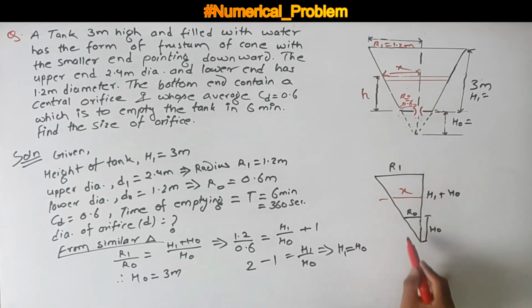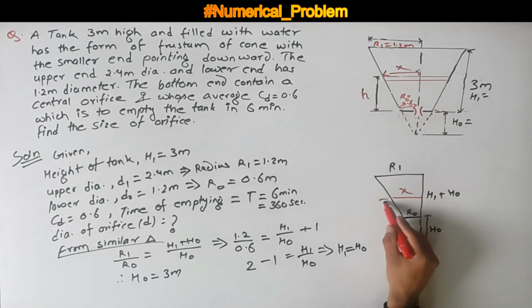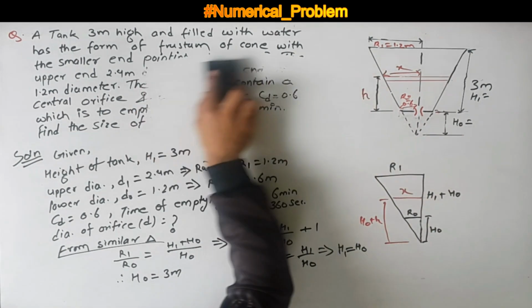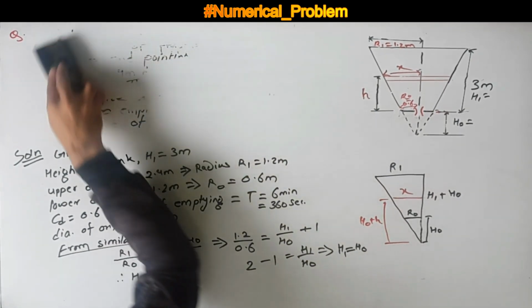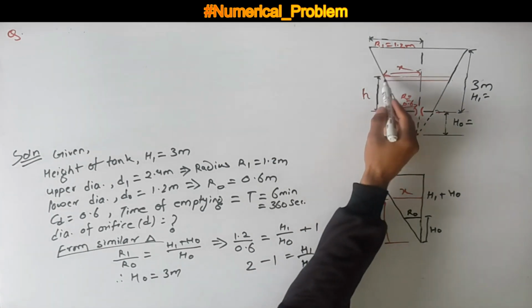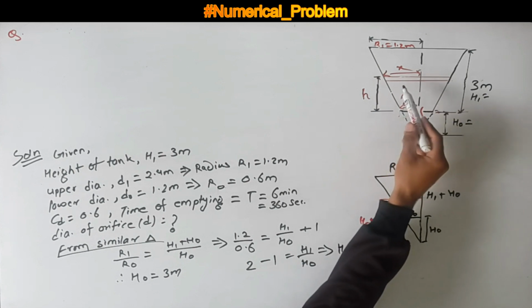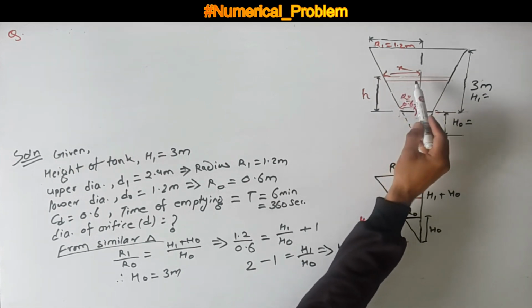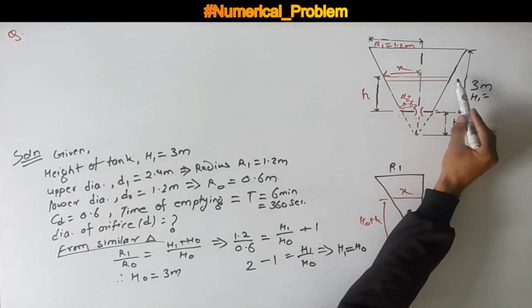This height is, total height is this H naught plus H. We wrote all the given parameters. At any instant of time, the liquid, here water, reaches at height H, where the radius is X, and after a small interval of time dt, the liquid level decreases by height dh.